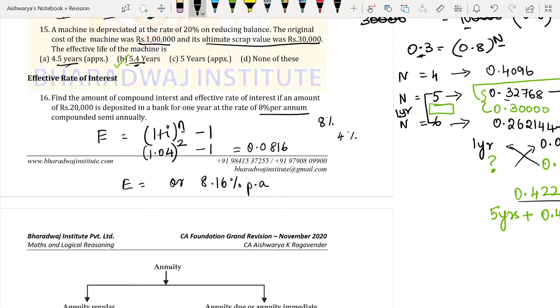I have already explained this to you, but let me just revise. Effective rate of interest is nothing but, see, in 1 year, if it is compounded annually, you will actually be earning 8%. But if you're compounding more than once, you'll be earning more than 8%. That more than 8% is the effective rate of interest.